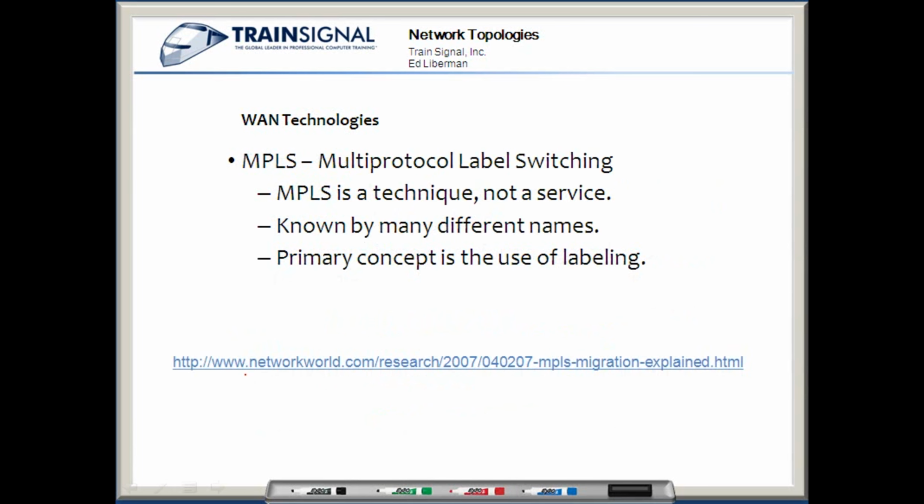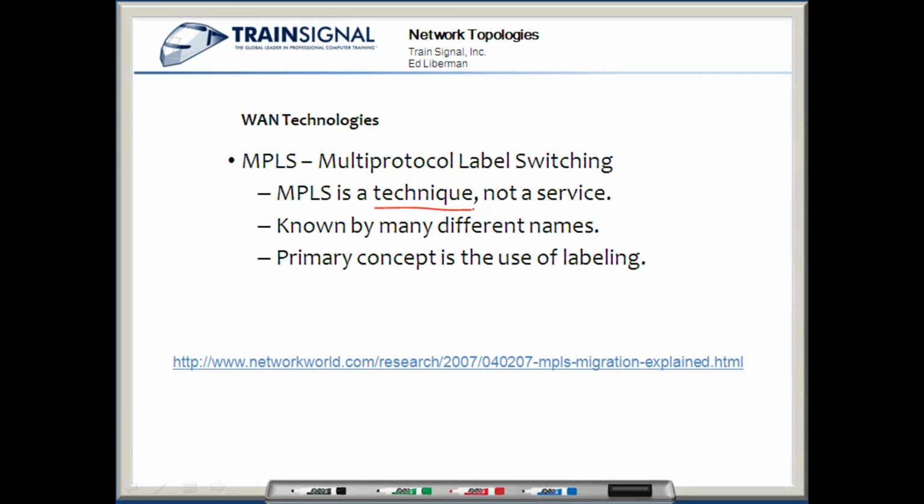Now, there's another technology that we have to talk about here, and it's something called MPLS, which stands for Multi-Protocol Label Switching. This is an interesting technology because you'll notice it's not an actual service or an actual technology like many of these others, but it's a technique.